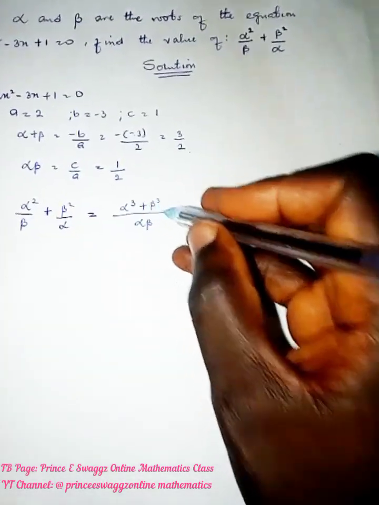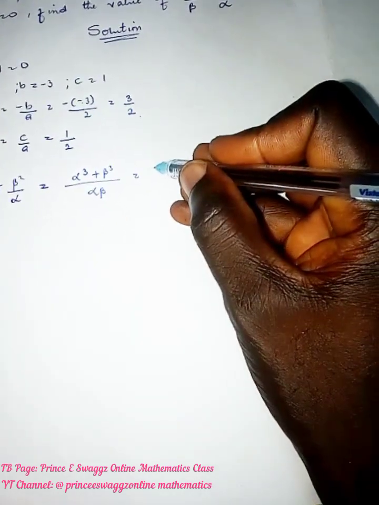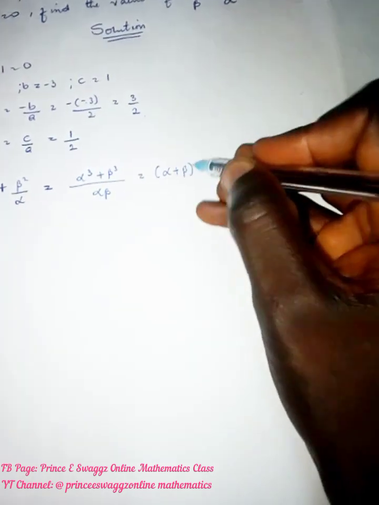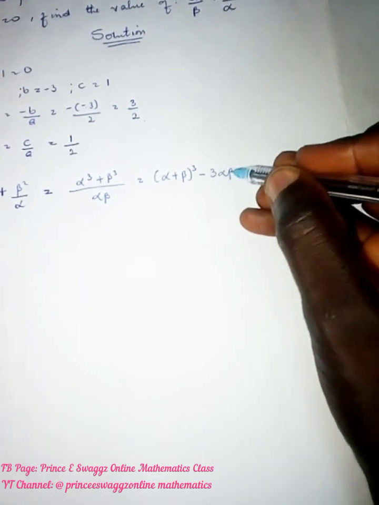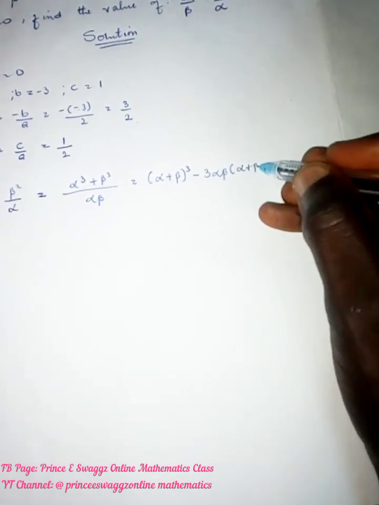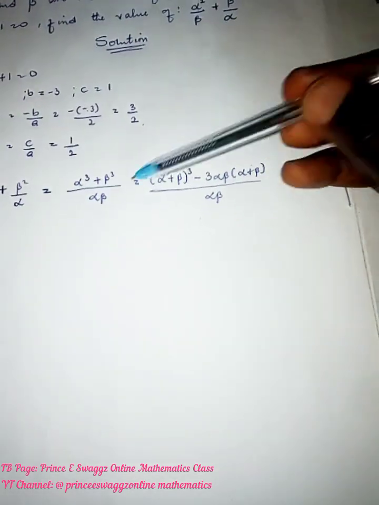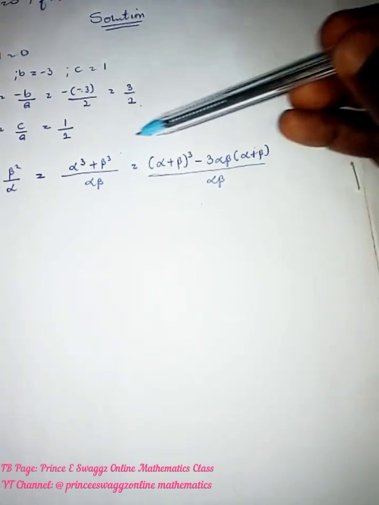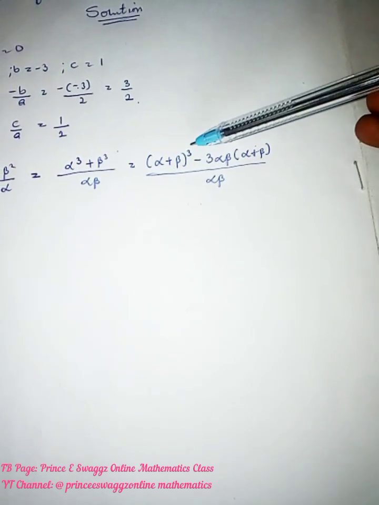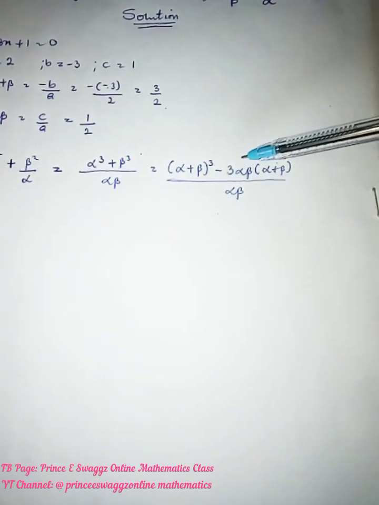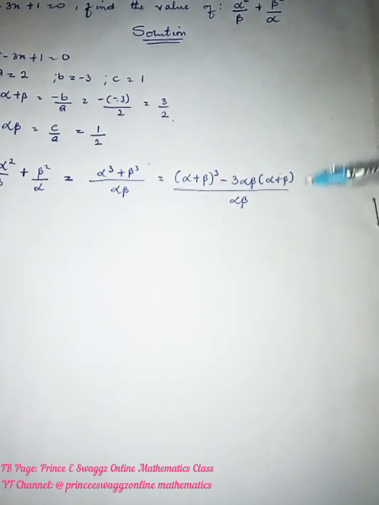You have to look for the symmetric form for alpha cubed plus beta cubed, and that is open bracket alpha plus beta close bracket cubed, minus 3 alpha beta into bracket alpha plus beta, all over alpha beta.